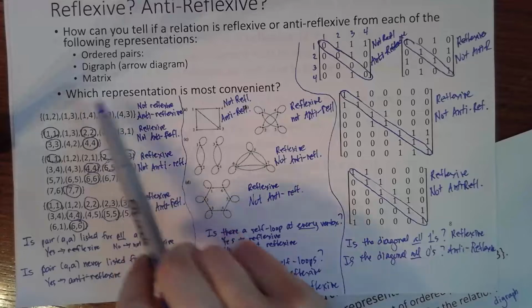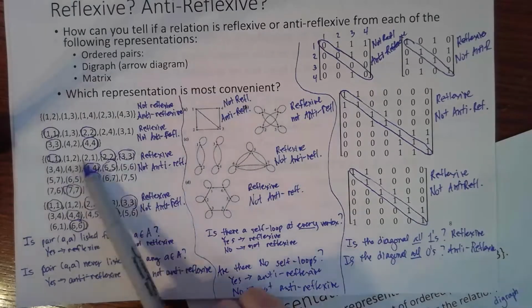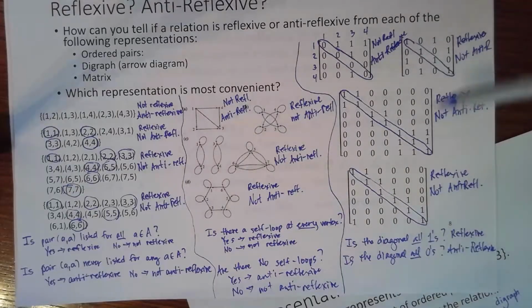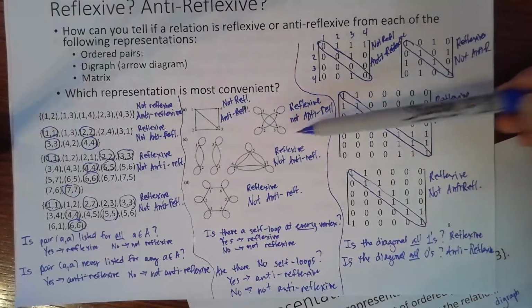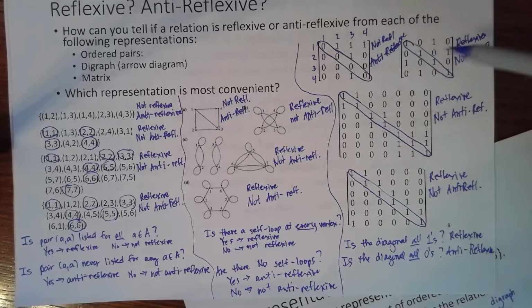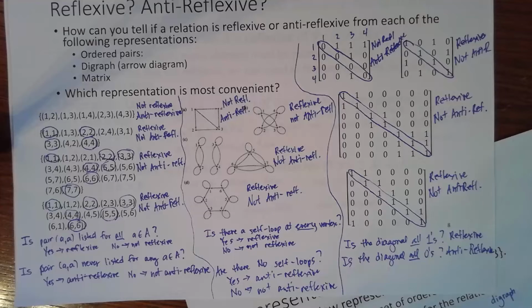So in terms of which representation is most convenient, clearly it's not the ordered pairs. You may think the matrix, you may think the digraph. I think there are contexts for each of them. I kind of like the matrix one. I feel like you can just quickly go down the diagonal and see that, but I think there's an argument that can be made for the digraph as well.